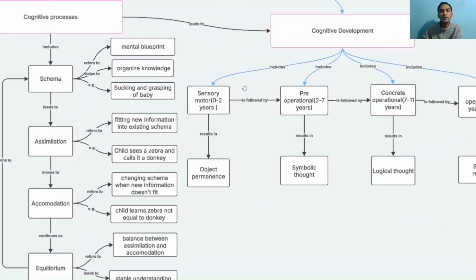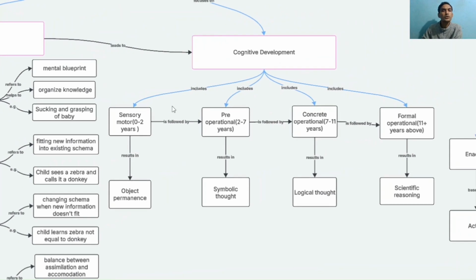And the cognitive development includes sensory motor, pre-operational, concrete operational, and formal operational. For sensory motor, the age range is 0 to 2 years, which results in object permanence. Sensory motor is followed by pre-operational, the age range is 2 to 7 years, which results in symbolic thought.